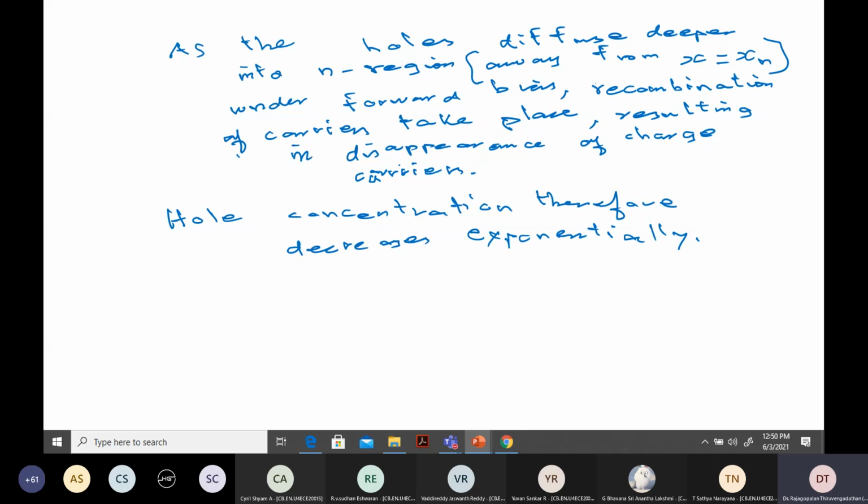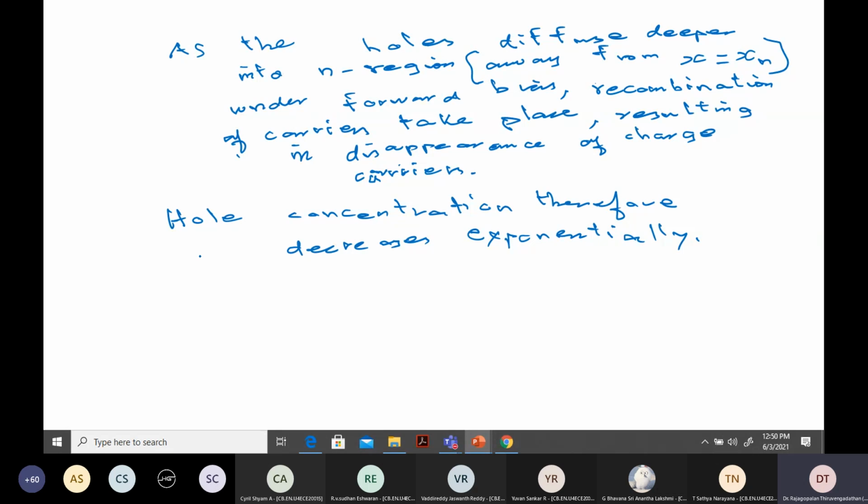But the question comes, how is the steady state current flowing through a PN junction under forward bias? This is a very important question. If charge carriers are disappearing from the scene, how is there a steady state? That question should haunt you. With that in mind, we'll try to answer.